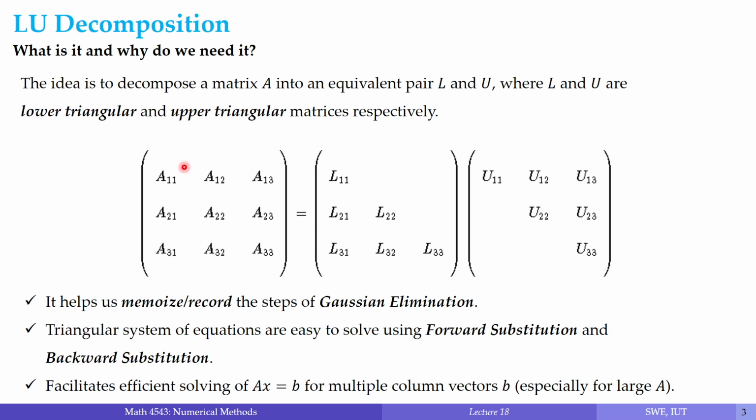So that's the essence of LU decomposition. We are going to take a matrix and decompose it into its inherent lower triangular and upper triangular matrices. And what's the advantage of doing this? You guys have already learned about Gaussian elimination back in your linear algebra course, right? So what did we do for Gaussian elimination? We tried to come up with an upper triangular matrix, right?